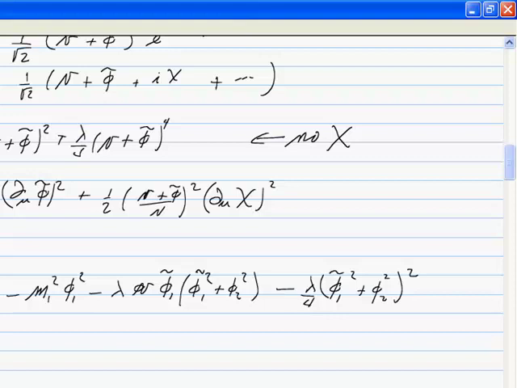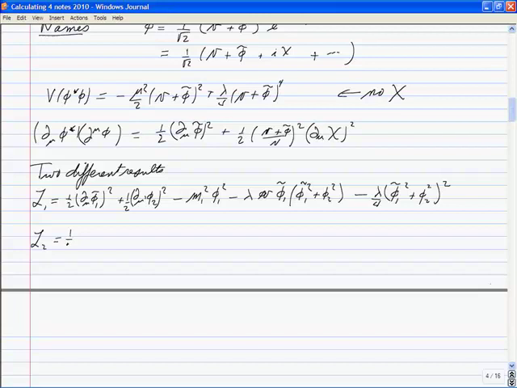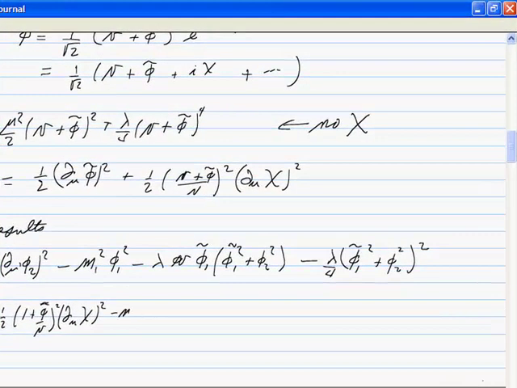In the second case, I chose different names, and it starts off looking somewhat the same. D mu phi twiddle squared. There's then a plus 1/2 ((1 plus phi twiddle over v) squared) d mu chi squared, minus m1 squared phi twiddle squared. And then the other pieces are pretty similar.